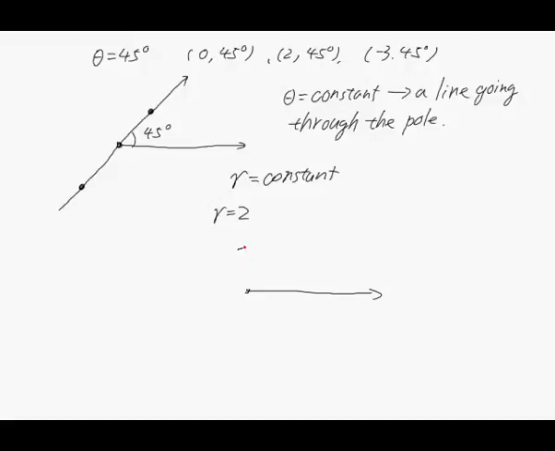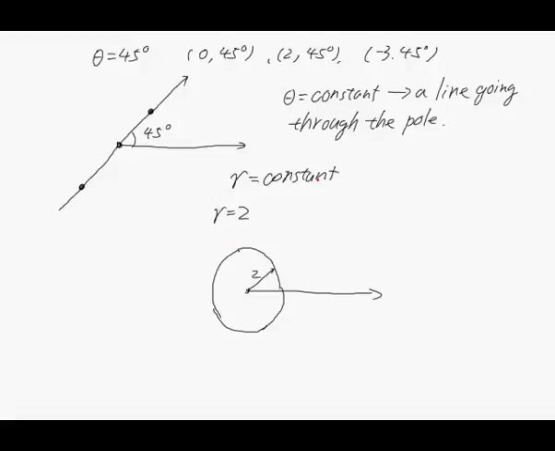So you can draw a circle like this. And then this is equal to 2. So any points on this circle with r equal to 2, right? And the angle can be anything.